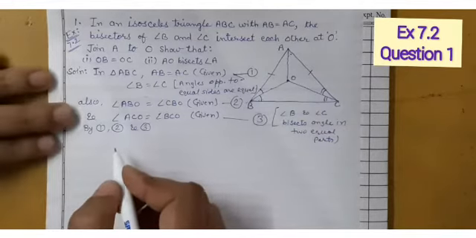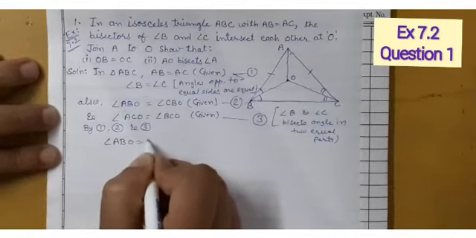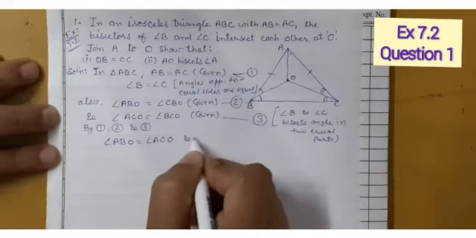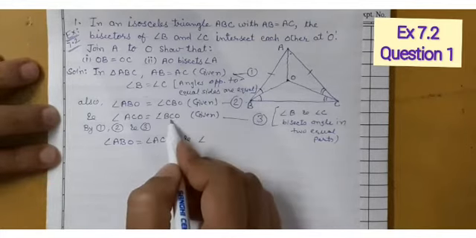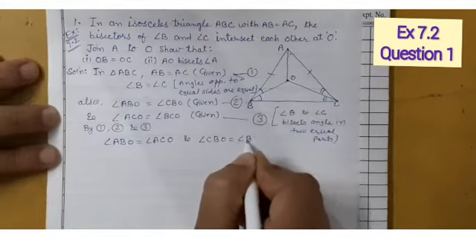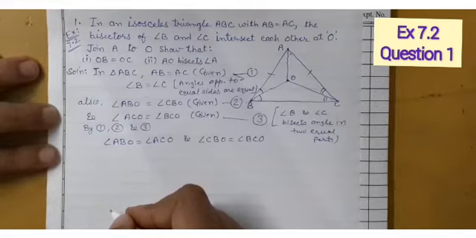So by 1, 2 and 3, you can say angle ABO should be equal to angle ACO, and angle CBO should be equal to angle BCO. These two should be equal.